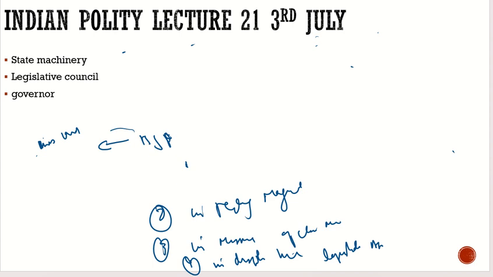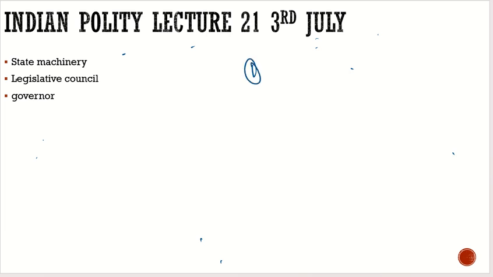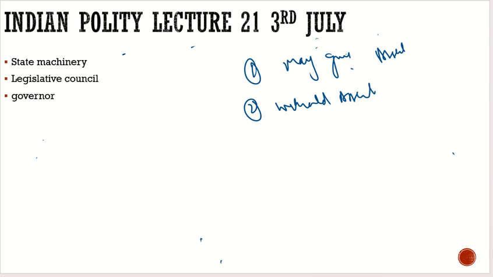But now, let us see what happens to the bills when they are passed by the legislative assembly and legislative council. In any state, what will happen to the bills? What are the various options available to the governor? Let's try to discuss those options. First, once the bill is passed by the legislative assembly or the legislative council, the governor may give assent. Maybe in UP, where the governor is from the same party, there is no discussion over it, so they will directly give the assent. Or second, he may withhold assent.